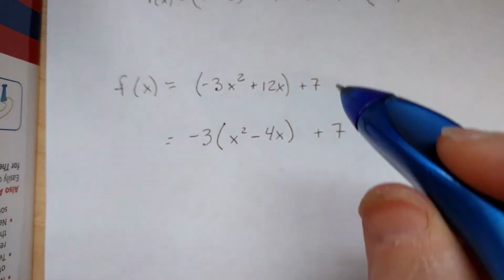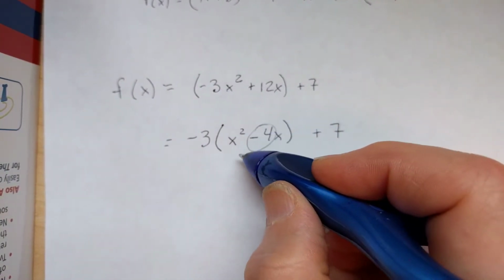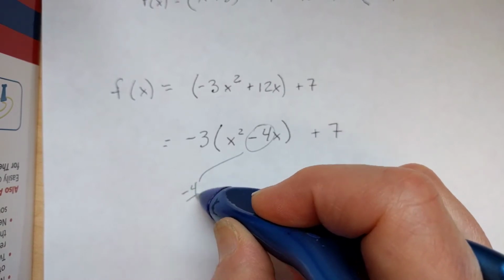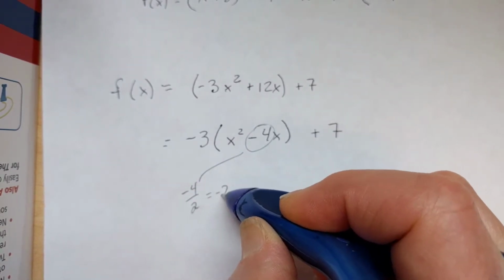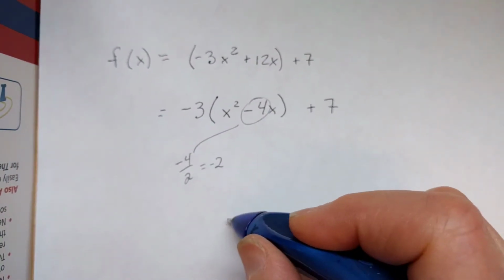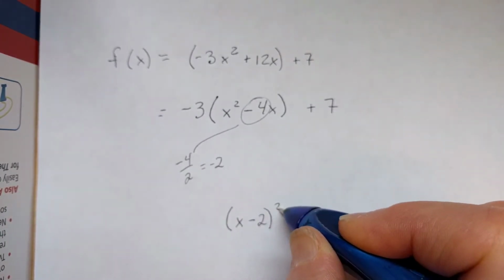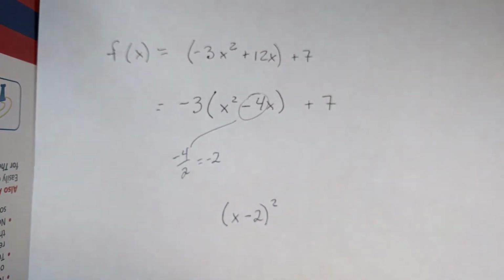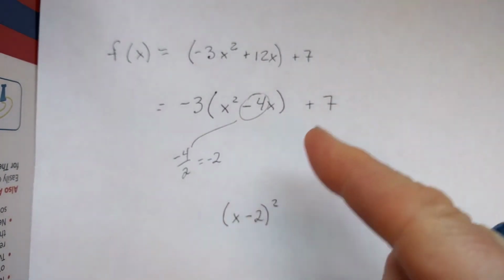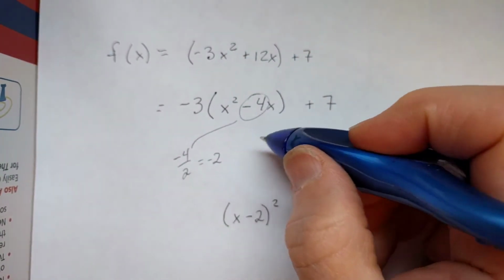Next, I'm going to complete this square. So I'm going to take my negative 4 aside, divide it by 2 to get negative 2. My square then becomes x minus 2 squared, which means I have to add negative 2 squared inside the parentheses.